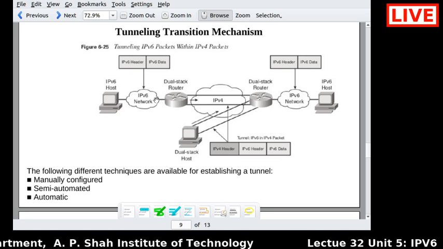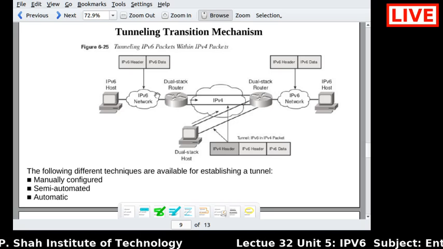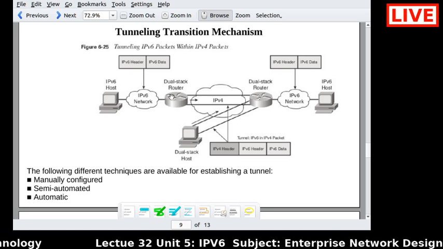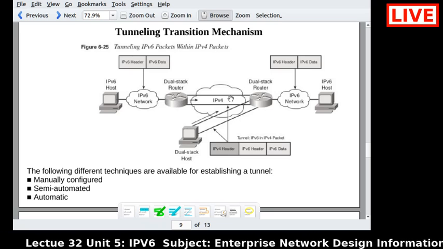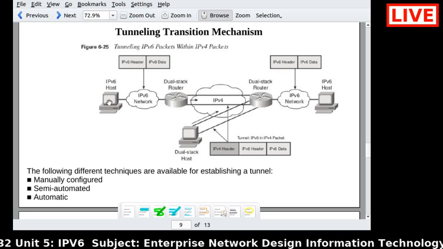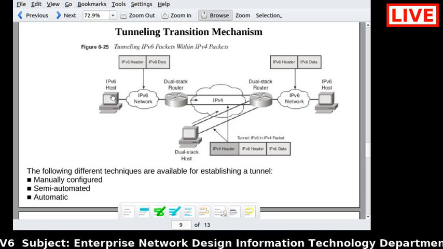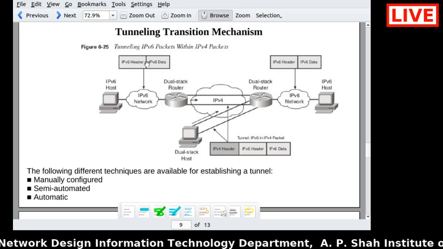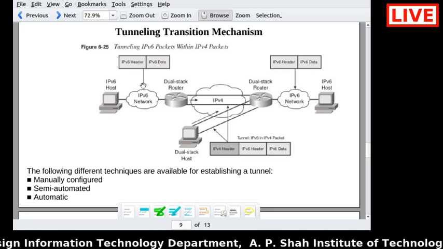So both router and host can use tunneling. Here we have some dual stack routers, and some IPv6 hosts also, which are connected to the IPv6 network, having an IPv6 header and data in their header format.